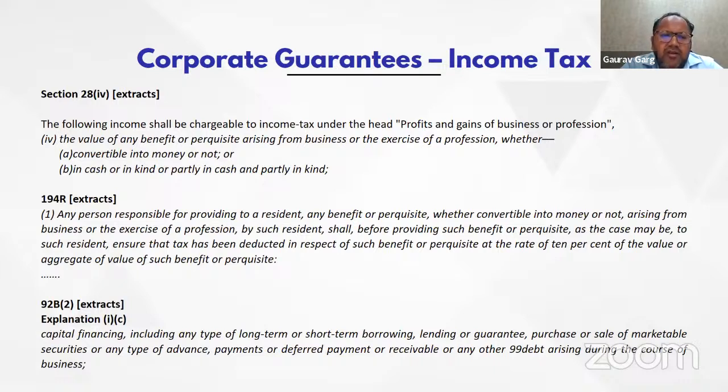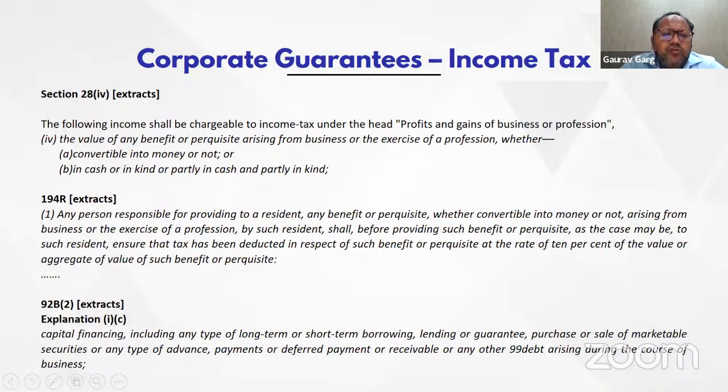relating to GST. But briefly about income tax, we have section 28(4), which says the following income shall be chargeable to income tax under the head profits and gains of business or profession: the value of any benefit or perquisite arising from business or the exercise of profession, whether convertible into money or not, or in cash or in kind, or partially in cash or in kind.